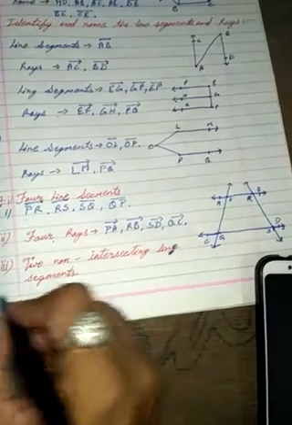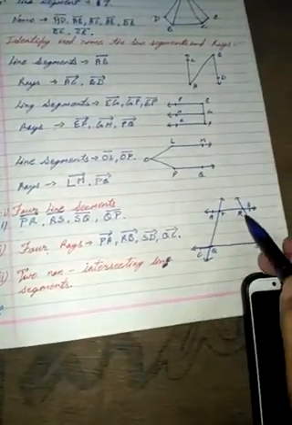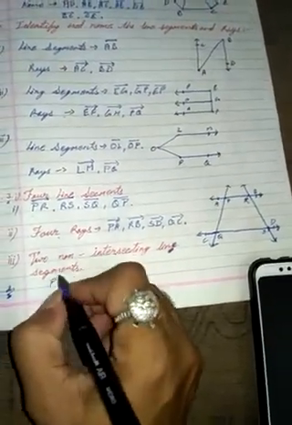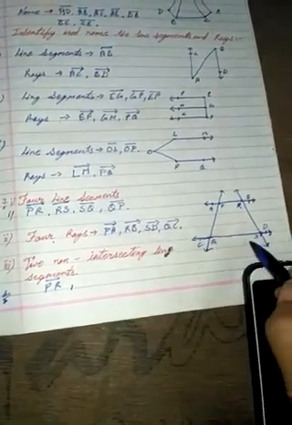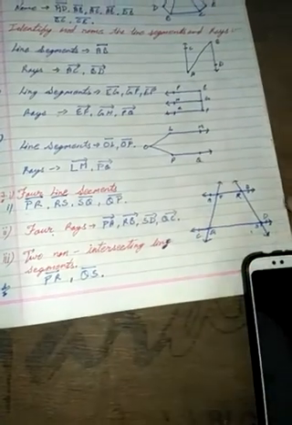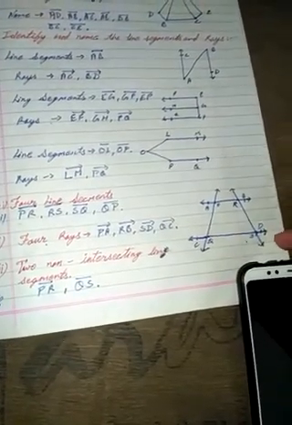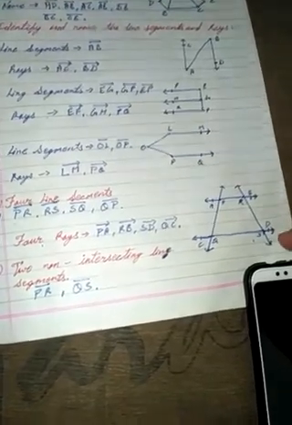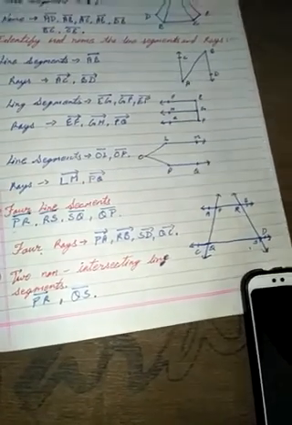Now, the line segments are PR and QS. These two line segments are non-intersecting, means they will never touch each other.